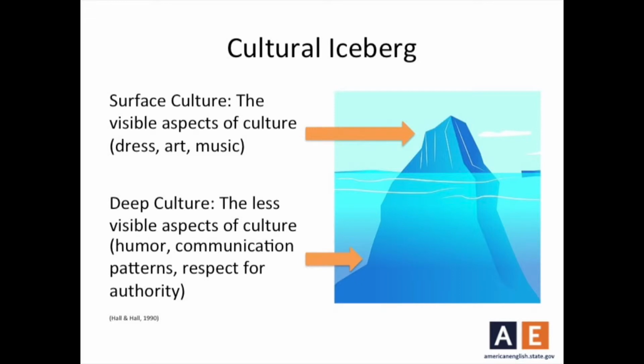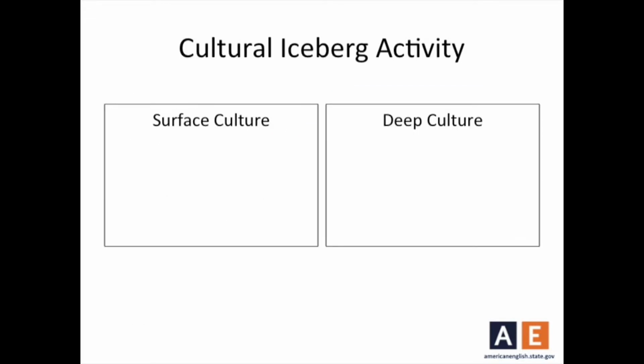This video will share some teaching ideas that help you teach about both aspects of culture. A good starting point is to have students create their own cultural icebergs. For that activity, ask students to list elements of their own culture for each level.